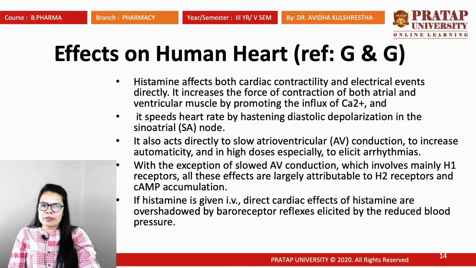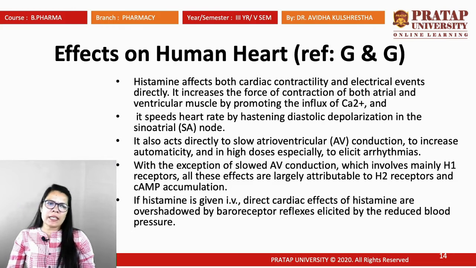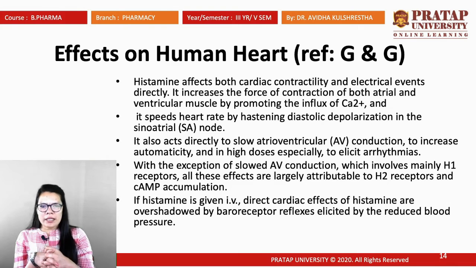Effect on the human heart, what it is actually doing. Histamine affects both cardiac contractility and electrical events directly. It increases the force of contraction of both atrial and ventricular muscles. Both contraction and expansion are affected by histamine release because it interacts with calcium ions and disrupts the work of calcium channels.